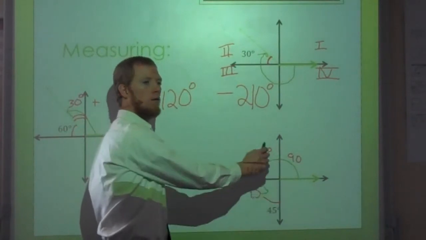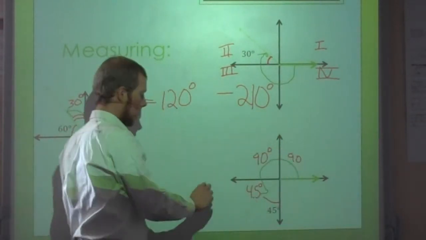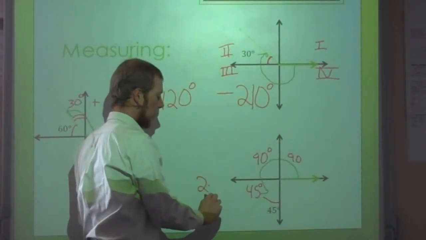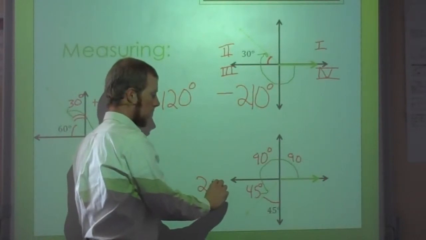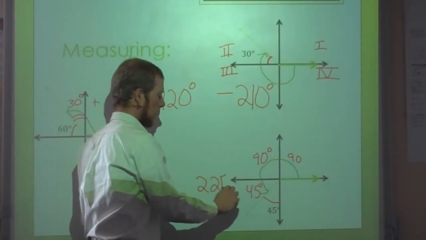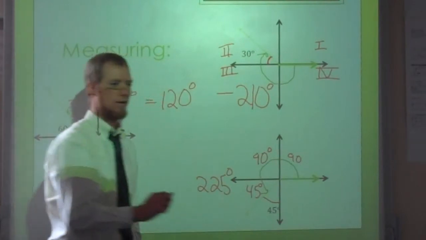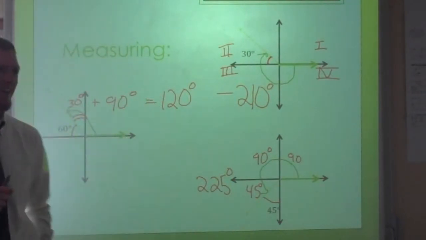So 45 plus 90 becomes 225 degrees. A second to add that there in my head.